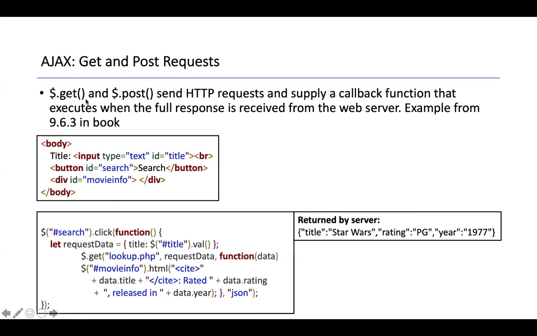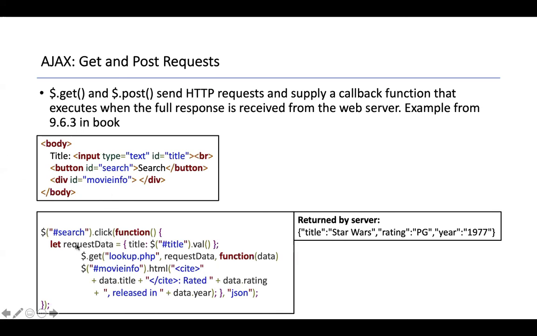So here, this is an example from the book where, when we enter some information with a button, we want to then put that information into this div. So you see here, the search click function.